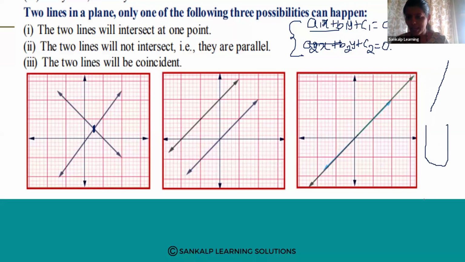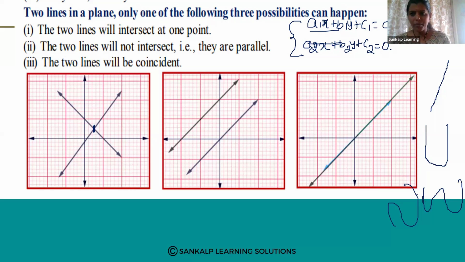For cubic, it comes like this. So this is quadratic and this is for linear. If we are considering two linear equations, that means we are getting two solutions and two lines. Because these are two linear equations, we are getting two straight lines. So how will the straight lines be?